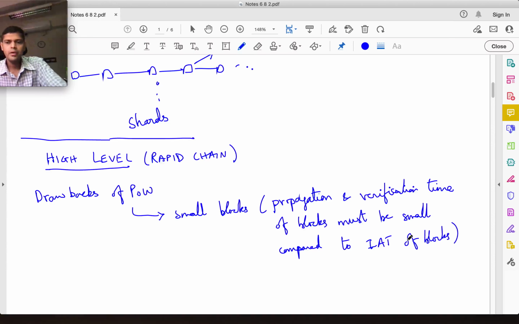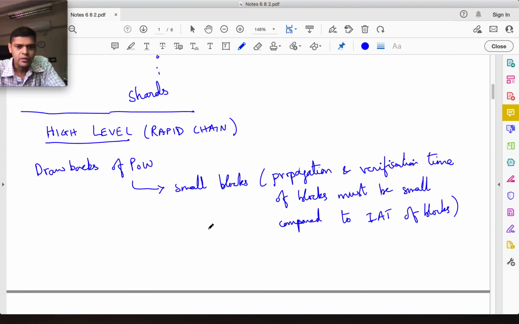Okay, so a Bitcoin block might take 10 seconds to propagate in the network, but the interarrival time between blocks is 10 minutes. Okay. So if you don't do that, there'll be a lot of forking, and so small blocks means less throughput.